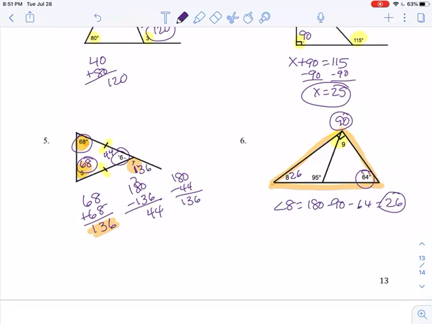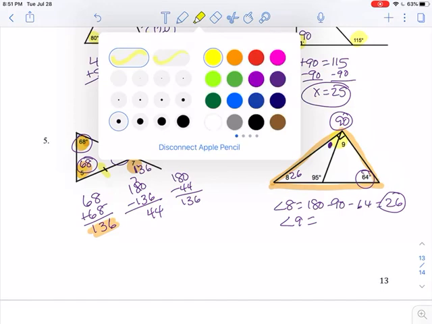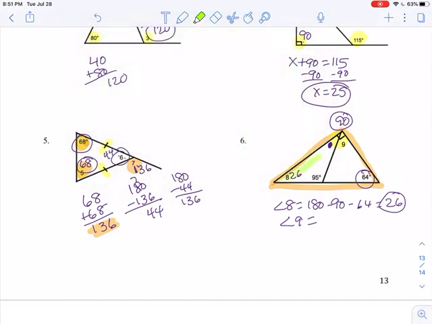Okay, and then I want to find angle 9. Angle 9 is, let's see what I have. This whole thing is 90. I might want to figure out this little piece right here first. Okay, this is part of another triangle. So if I'm looking at this, let me just grab a green so I can highlight this for us.